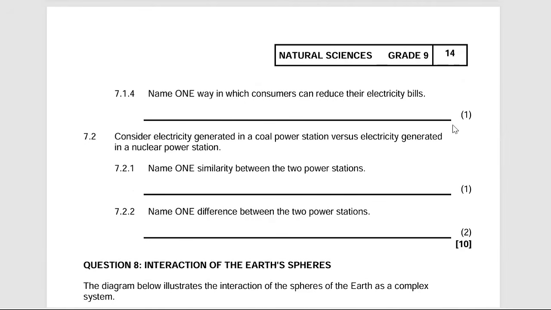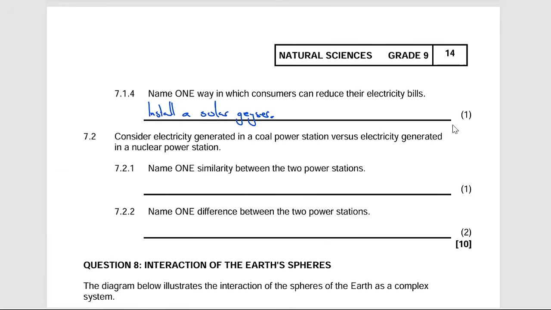So now we're going to proceed to 7.1.4. It says name one way in which consumers can reduce their electricity bills, right? So for us to reduce our electricity bill is to use maybe solar geysers, okay? Install a solar geyser. So instead of using electricity, you can just use a solar geyser.